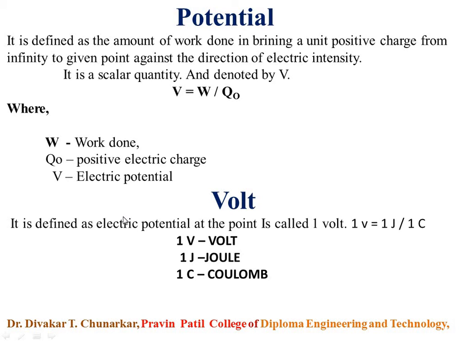Volt is denoted by V, and volt is the unit of potential or potential difference. So 1 V equals 1 J upon 1 C, where V is volt, J is joule, and C is coulomb.